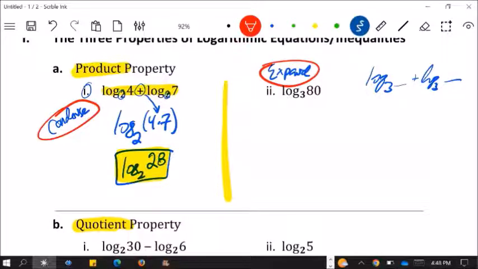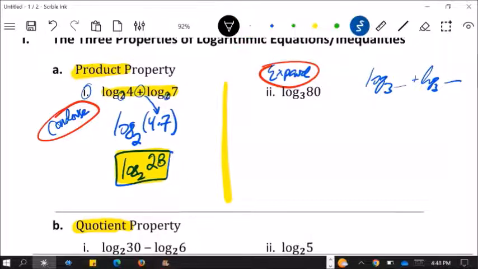So here I need to think, I have log base 3, so I'm going to be doing log base 3 of something plus log base 3 of something. What are those somethings? Well, let's take the number 80, and since we know the 80 was gotten to by multiplying two numbers, just like the 28 over here, let's split the 80 up into two numbers.